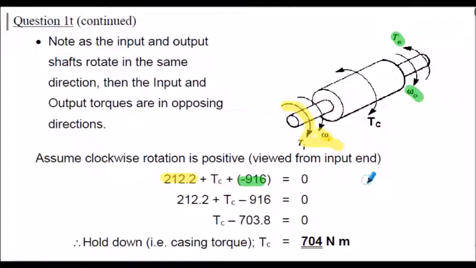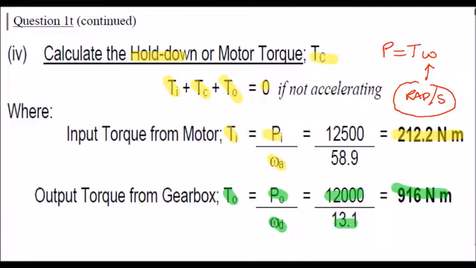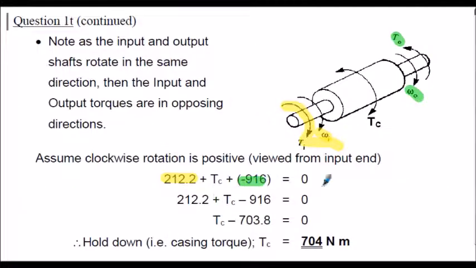So be careful of that. Going back to our previous slide, we worked out our torques there. I'm just using those torques, but I'm making that 916 negative. Why? Because the output torque sense is opposite to the input torque. I'm trying to find the Tc. That's the whole point of this exercise, to find what this casing torque is.